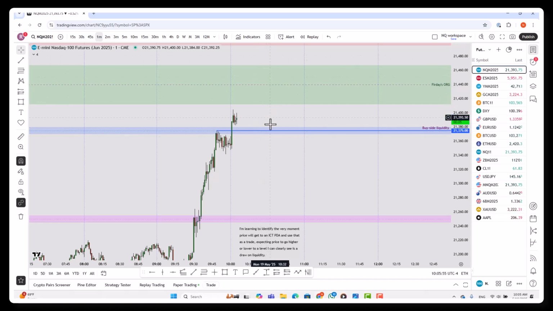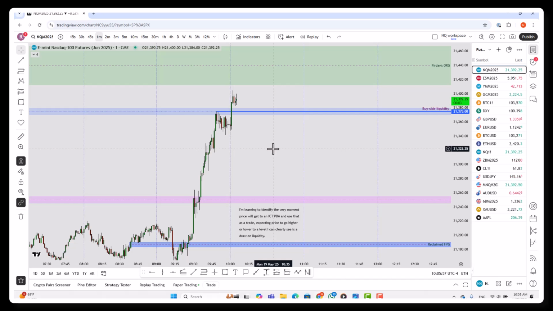So we draw into it. So based on this, this here is my fair value gap. That is a clear draw on liquidity. So buy here, go sell at consequent encroachment.